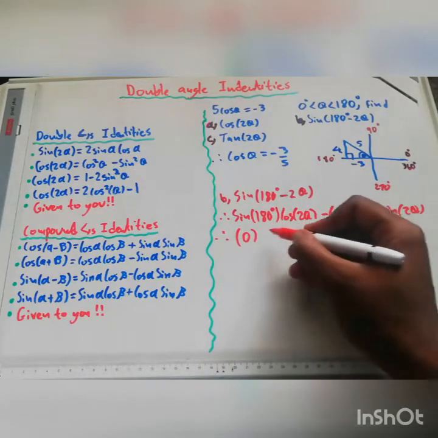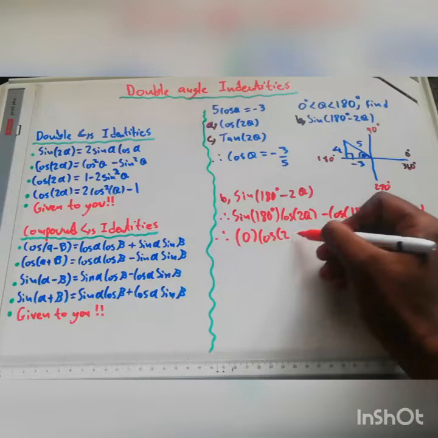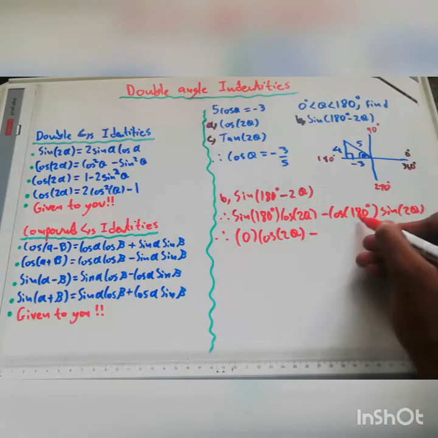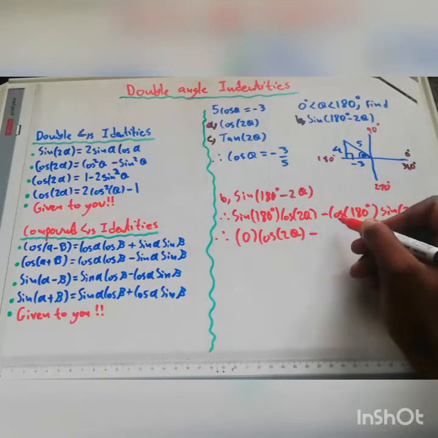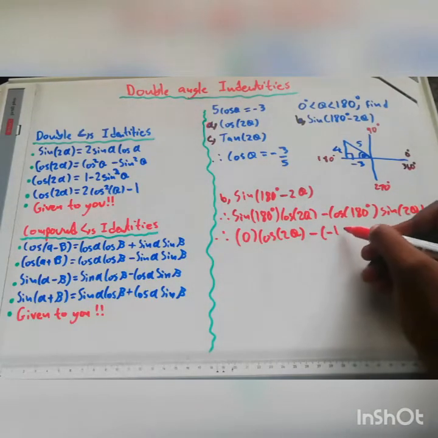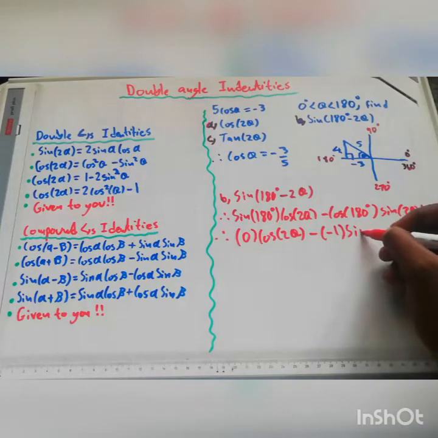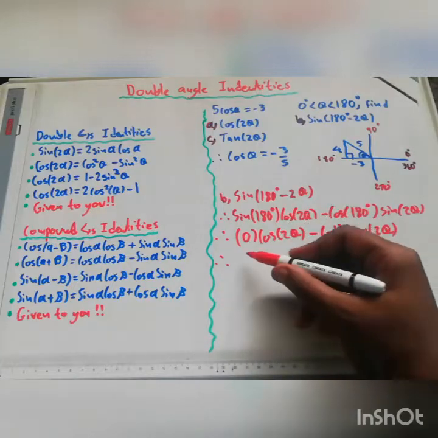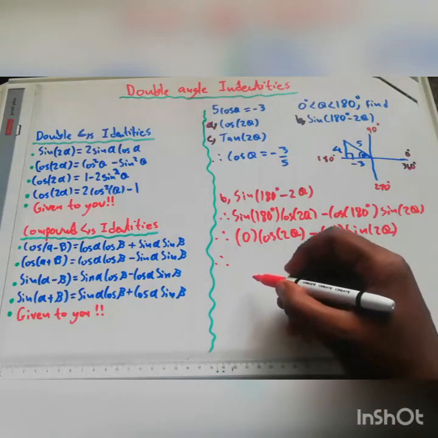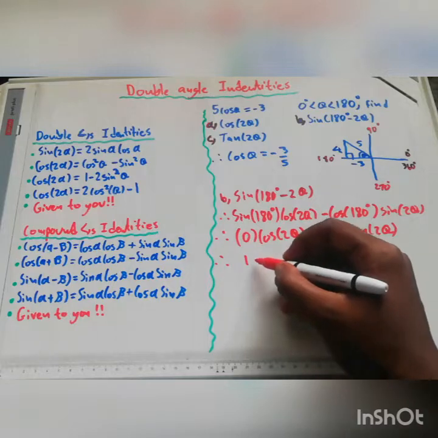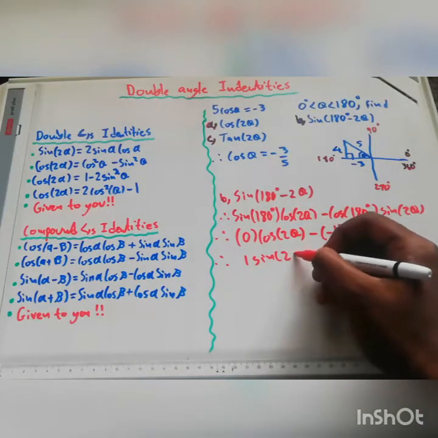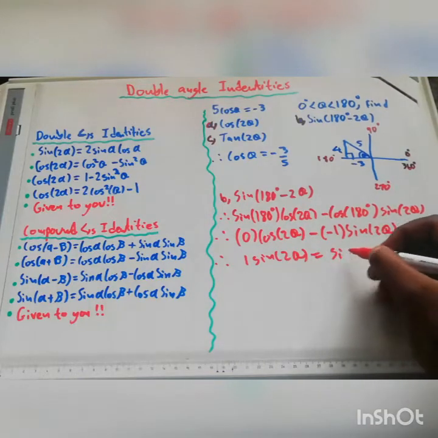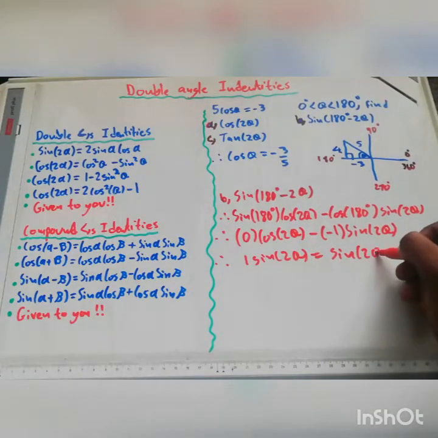So this whole thing will be multiplied by 0. Also remember that the cos graph at 180 degrees is minus 1. So all of this will disappear. You'll be left with 1 times sine 2 theta, which is also the same as sine 2 theta.